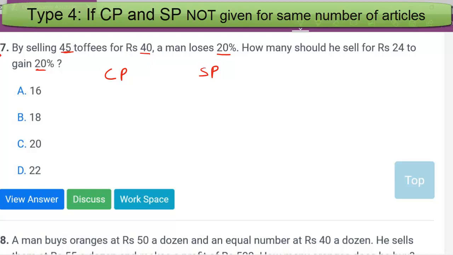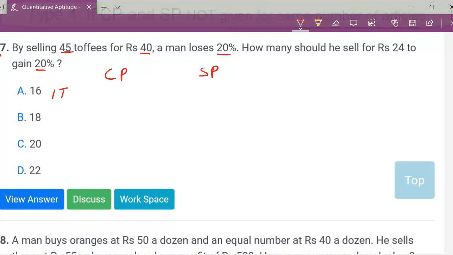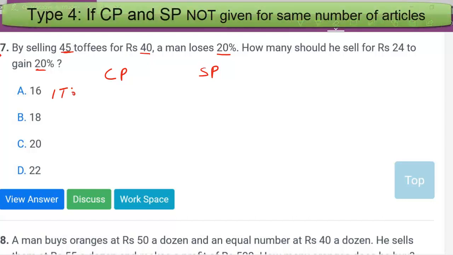So if I calculate this for one toffee, the selling price is 40 by 45, which is equal to 8 by 9.